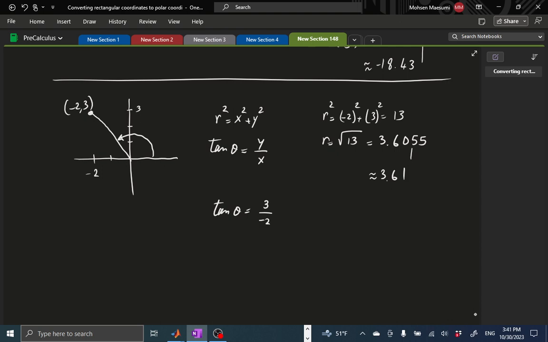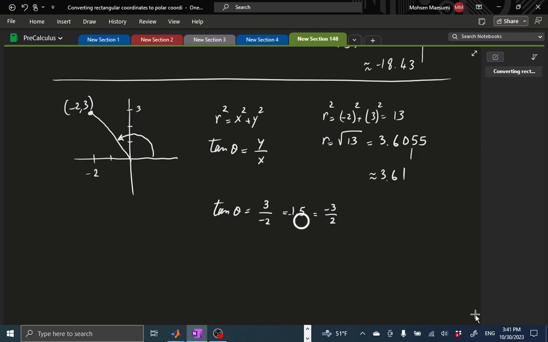Now what's the difficulty here? The difficulty is the calculator only sees, the most standard calculator, they just see the ratio, that it is -1.5. Well, it could have been -3 over 2, or it could have been 3 over -2. The calculator doesn't know which one of these you meant.